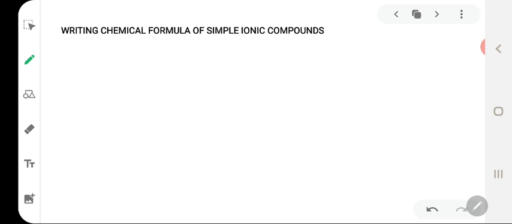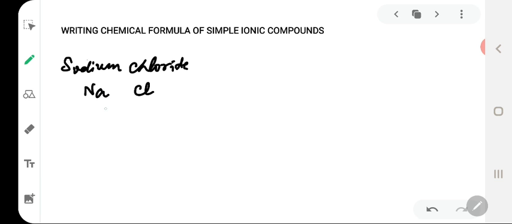So let's begin with a simple ionic compound, that is, sodium chloride. First of all, we will write down the symbols of the atoms participating in it. So it is sodium and chlorine. Symbols are Na and Cl respectively. Let's write down the valencies.